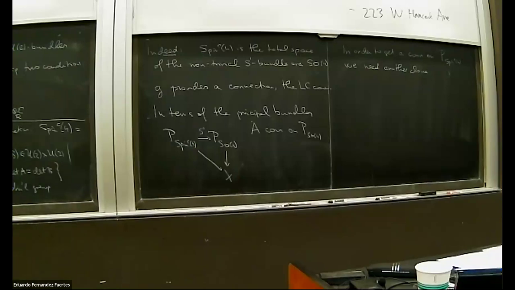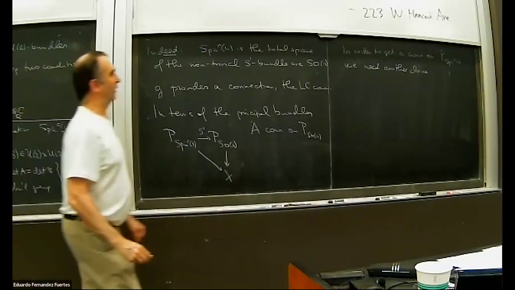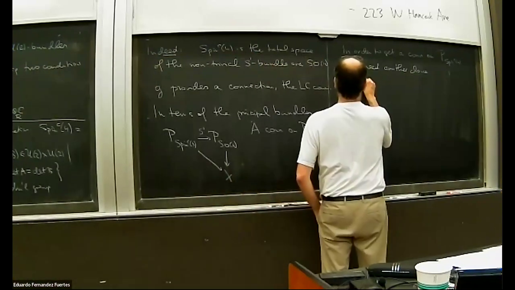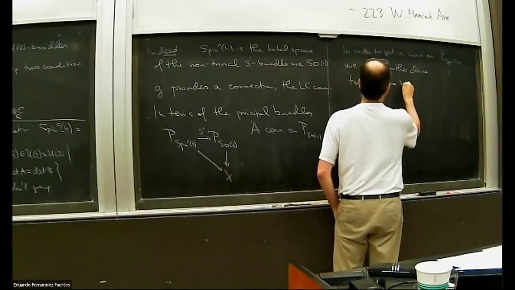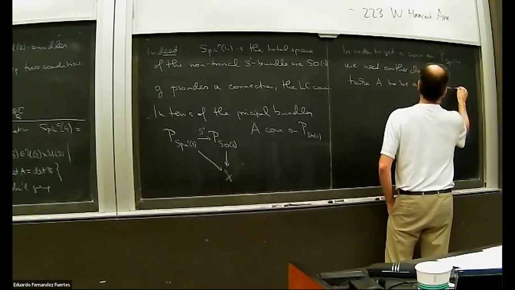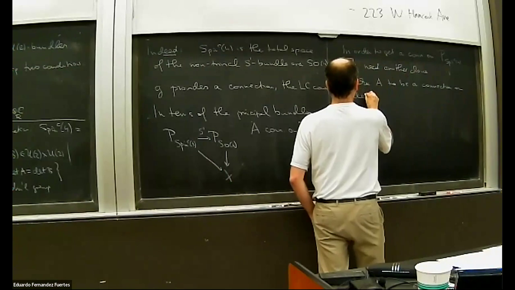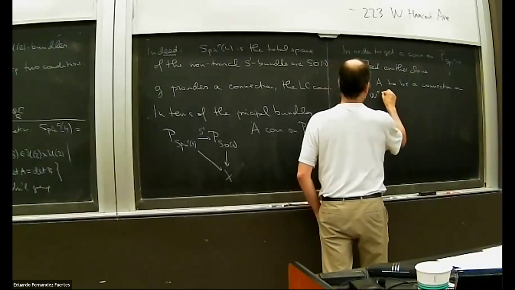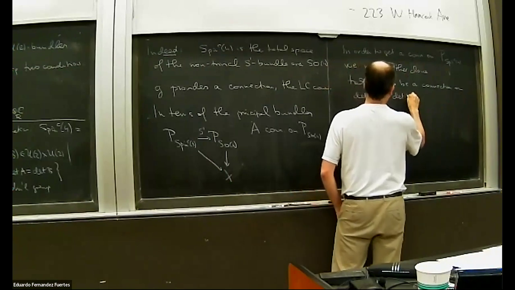So there is this bundle, and we have to pick a connection on there. So take A to be a connection on the determinant line bundle, which is isomorphic to this one.